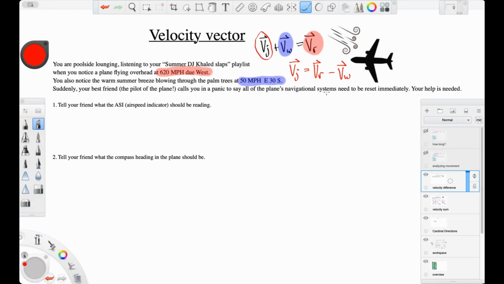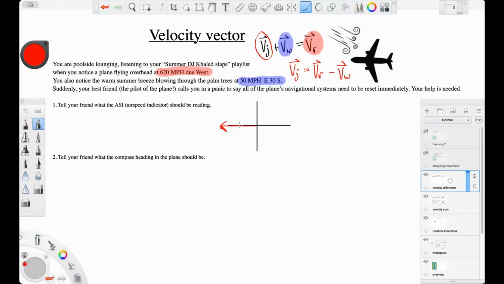So first things first, let's go ahead and define the resultant velocity vector. So that information comes to us right here. We're told that the result is the plane of the plane and the wind. The result is the plane is flying 620 miles per hour due west. So if we draw that vector, here's to the west out here, right? So this vector is out to the west.